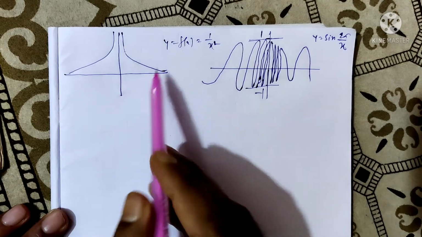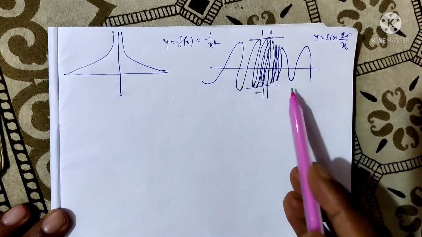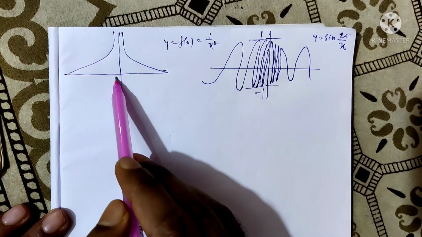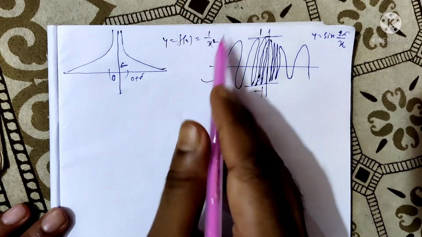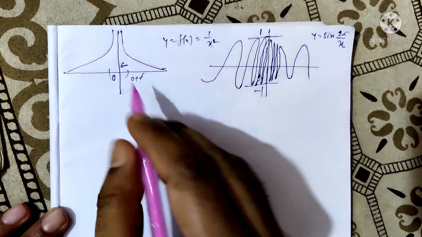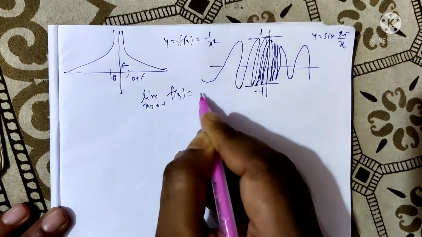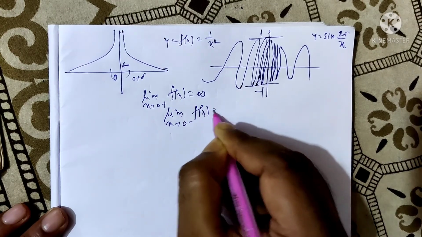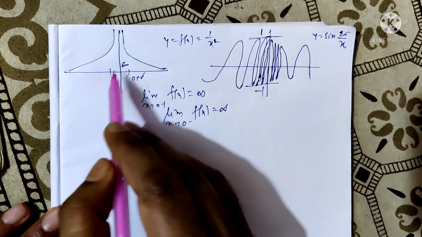In this example, y equals f(x) equals 1/x squared. In the other example, y equals sin(2 pi/x). At the point 0 there is a point of discontinuity. The limit of this function does not exist finitely. In the first example, the limit as x tends to 0 plus of f(x) equals infinity and the limit as x tends to 0 minus of f(x) equals infinity, and the function is unbounded near 0.